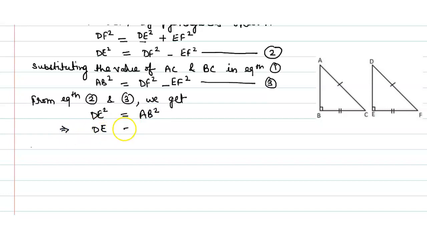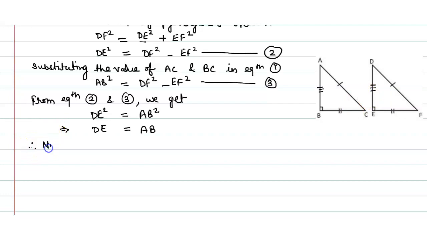This implies that DE will be equal to AB. So now we have proved that AB and DE are also equal. AC is equal to DF, it was given earlier, and BC is equal to EF, it was also given in the theorem, and the third side we have proved. So now we can easily prove the congruency.